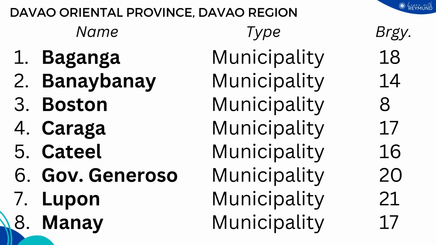The municipality of Baganga with 18 barangays, municipality of Banaybanay with 14 barangays, municipality of Boston with 8 barangays, municipality of Caraga with 17 barangays, municipality of Cateel with 16 barangays, municipality of Governor Generoso with 20 barangays, municipality of Lupon with 21 barangays, and the municipality of Manay with 17 barangays.